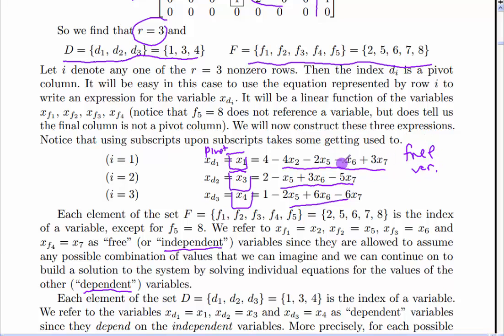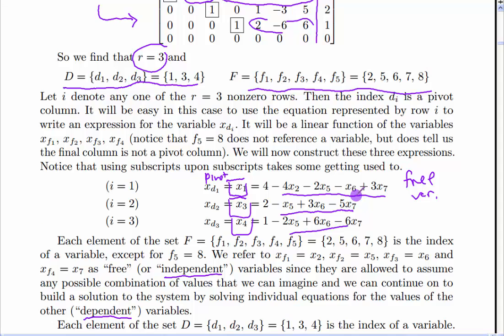Now, free variable seems to imply that I can choose these values however I want. And in fact, that's true. No matter what x2, x5, x6, and x7 I choose, I will get a solution to this system. Why is that?